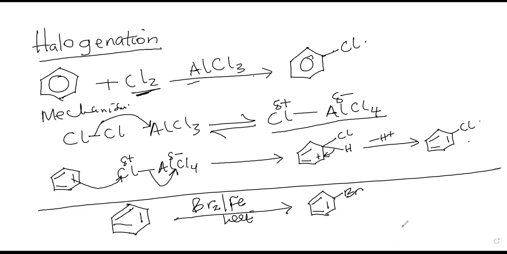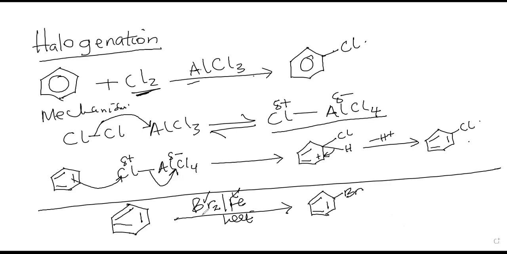If you're given a halogen and a metal which forms a halogen carrier, it can even be aluminium, you first generate the halogen carrier by yourself. That is the trick behind this.